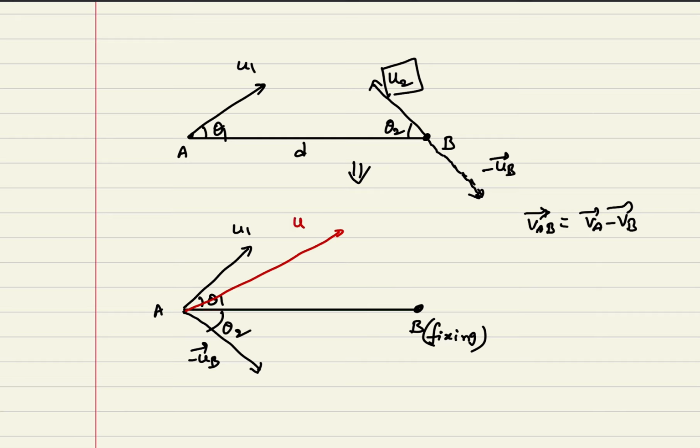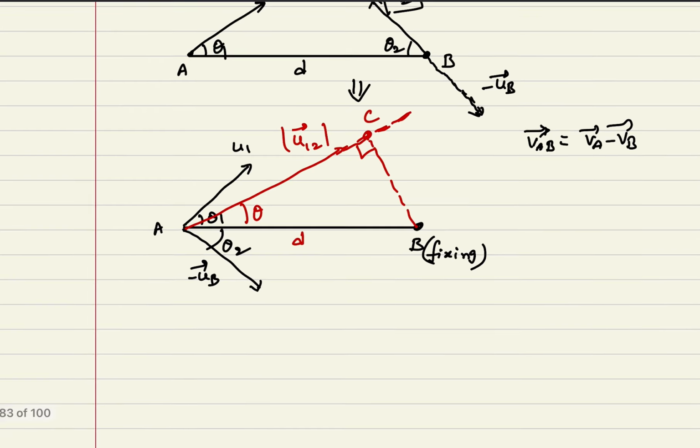I am taking the velocity of A with respect to B, you can write velocity of first particle with respect to second. It is making angle theta. Now you can see there is a perpendicular line. This is d, and I am making this as C. Separation between A and B is d.